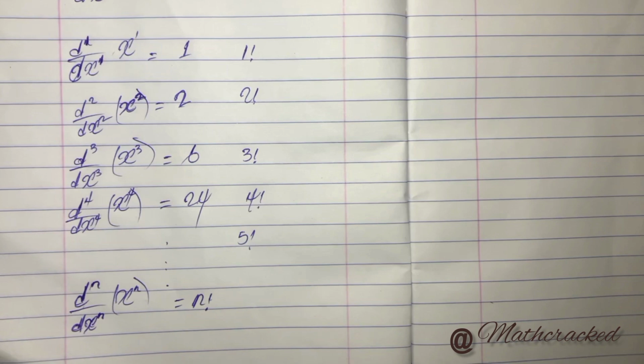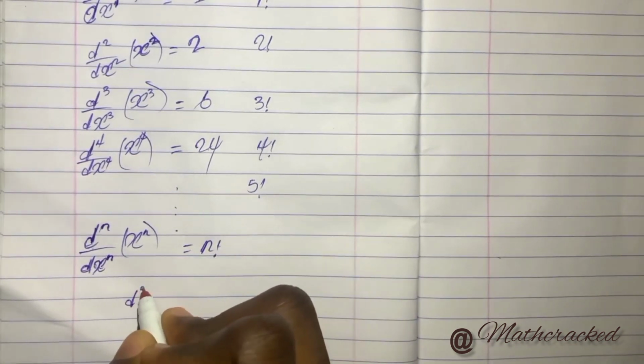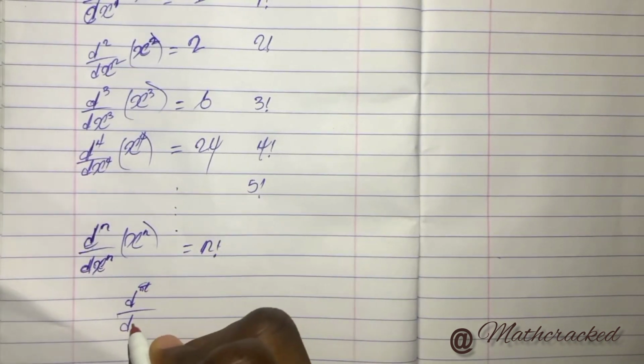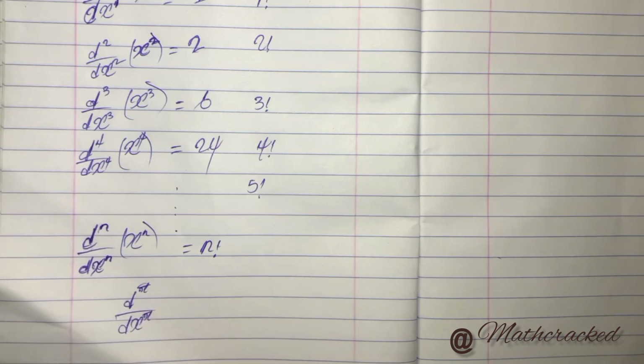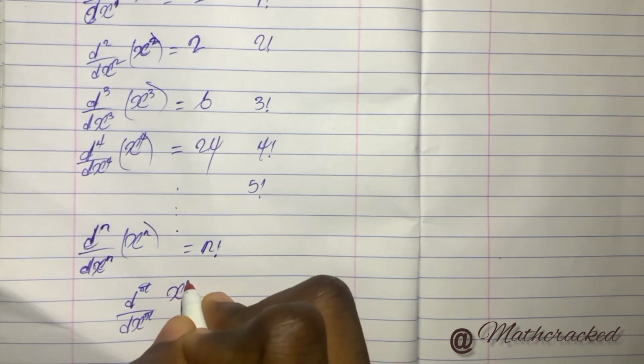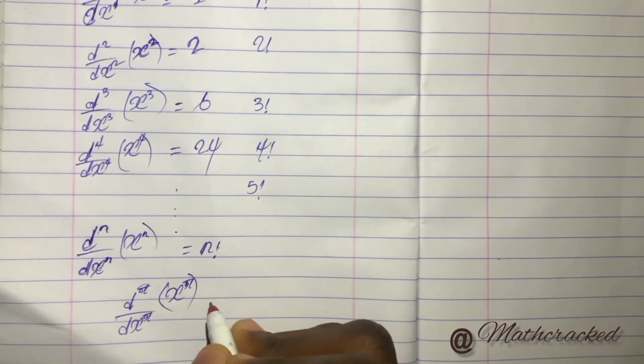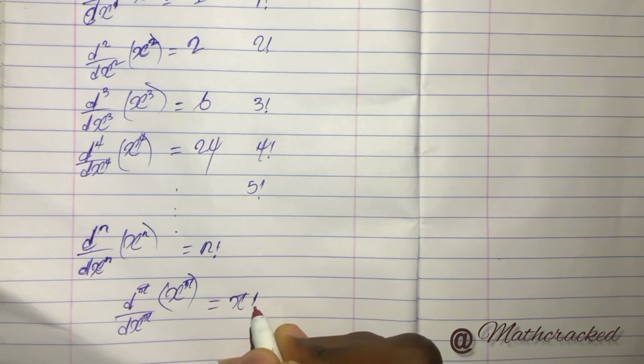This is very legit and this is very correct. So if you were asked the pith derivative, that is to say differentiating x to the pi, pi times, this would as well give us pi factorial.